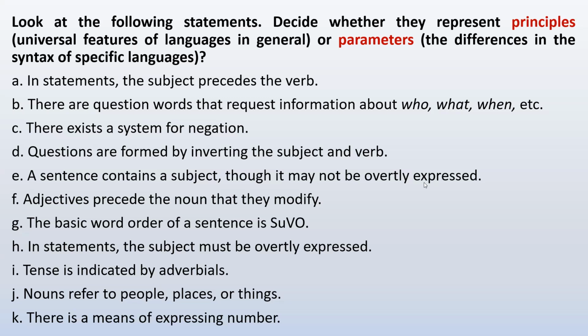And E, a sentence contains a subject, though it may not be overtly expressed. It may be overtly expressed or may not be overtly expressed, but a sentence contains a subject. That is the very example we discussed in the previous slide. Is it a principle or parameter?